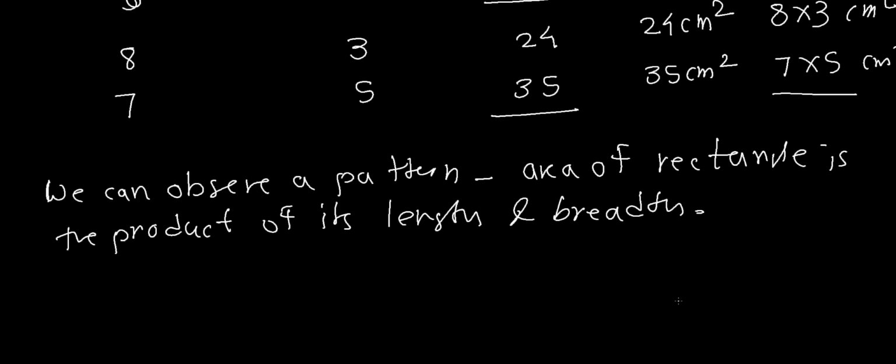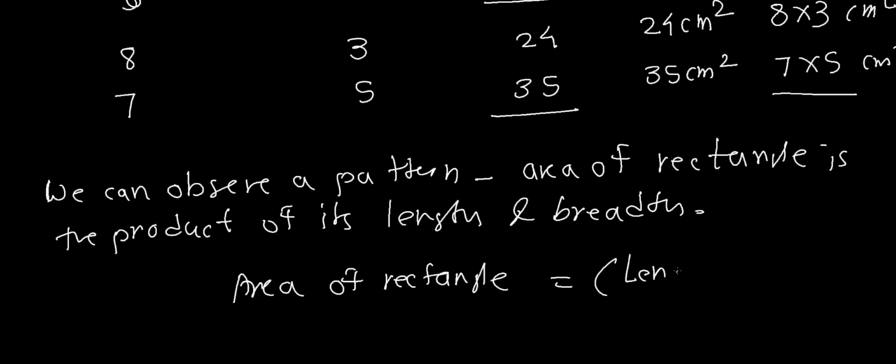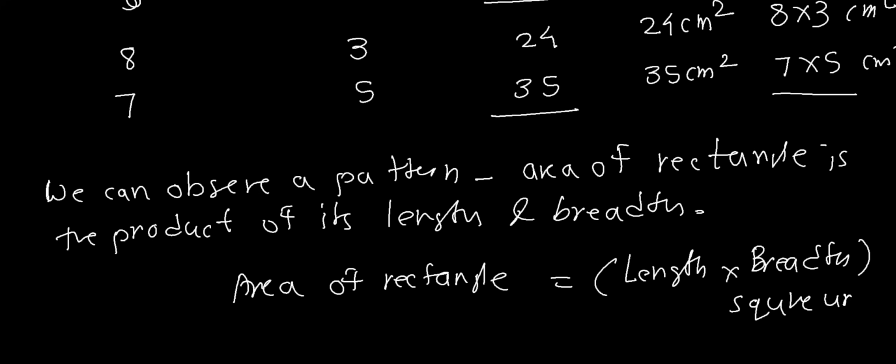So area of rectangle equals length into breadth square units. That's why it is square units, because the number of unit squares represents the area of the rectangle.